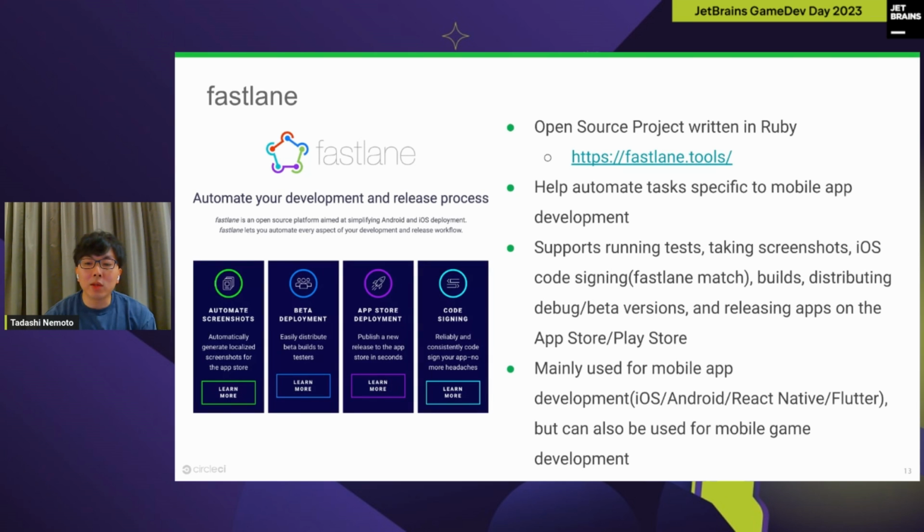FastLane is mainly used for mobile app development, such as native iOS or Android, React Native or Flutter, but can also be used for mobile game development.